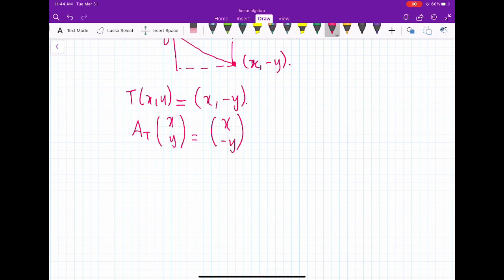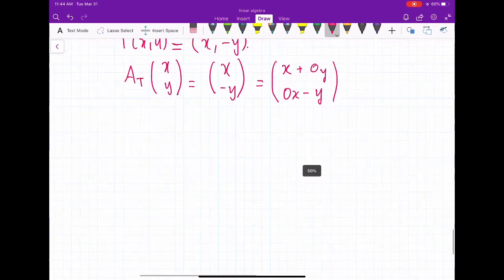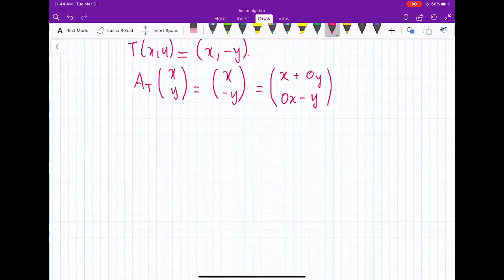Make sense? So basically, you can write it in the following way: x plus 0y, and then 0x minus y. From this form, you can see the coefficients of x and y in this vector. And now you can guess the matrix A_T actually is equal to [[1, 0], [0, -1]].